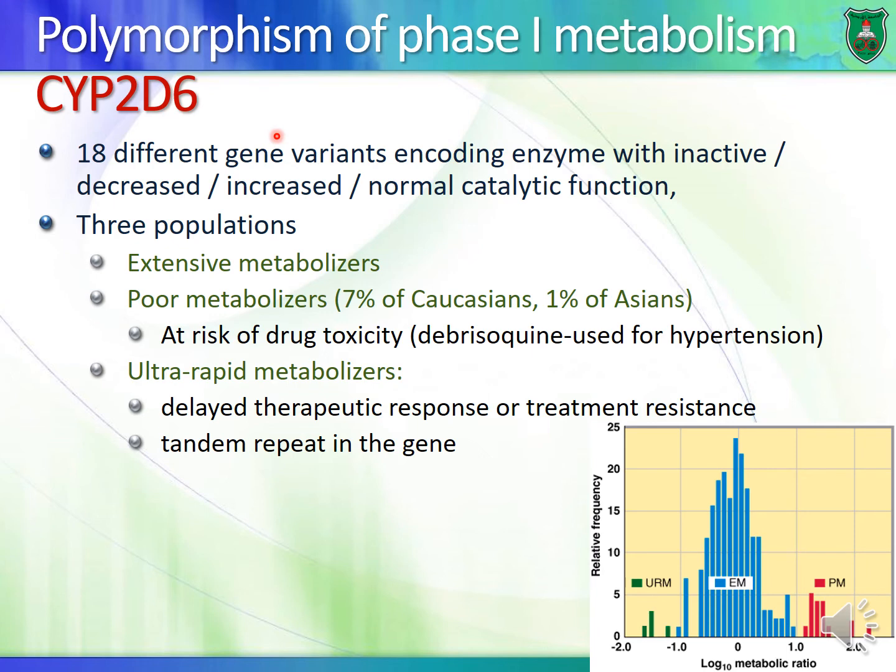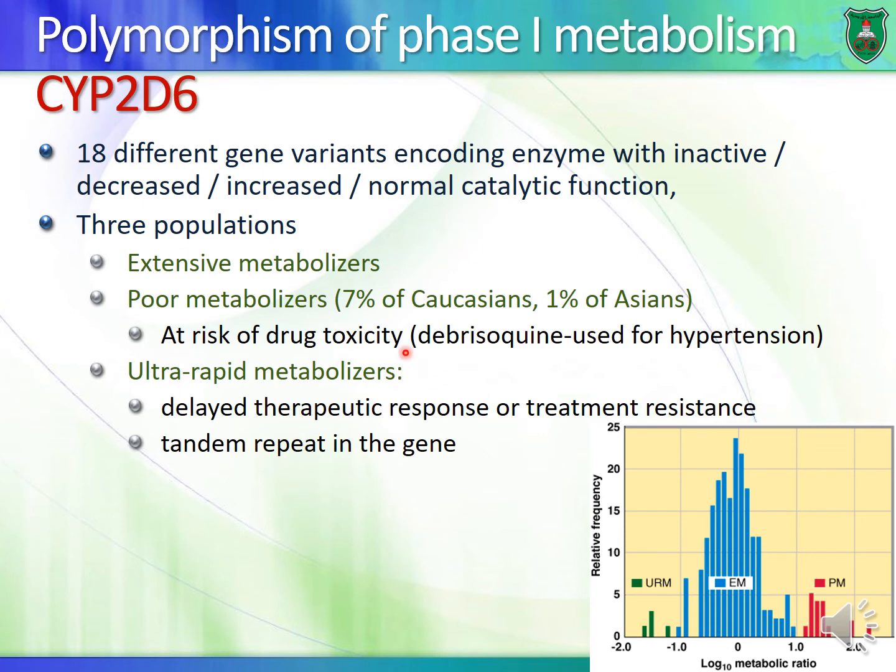Now, there are different variants of this gene, over 50 different alleles that can make the enzyme inactive, fully active, decreased activity, increased activity, and so on. So there are a lot of polymorphisms, and this enzyme is very important in metabolizing a large number of chemicals and drugs.